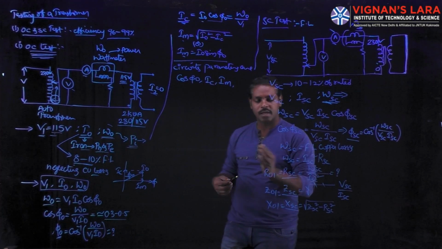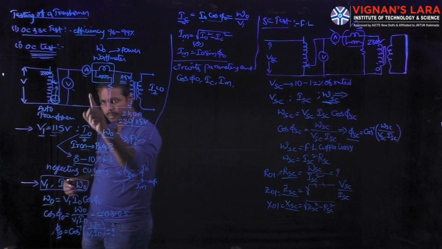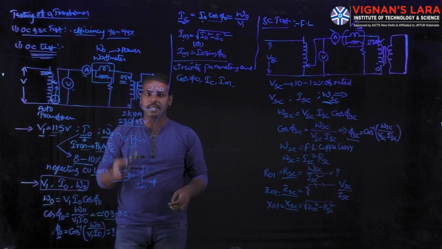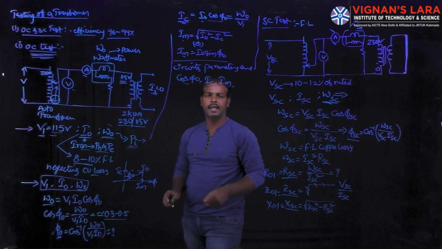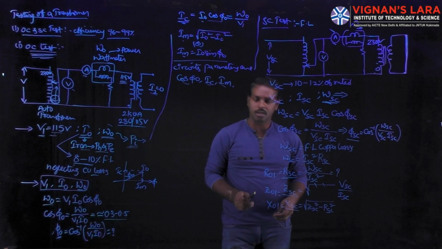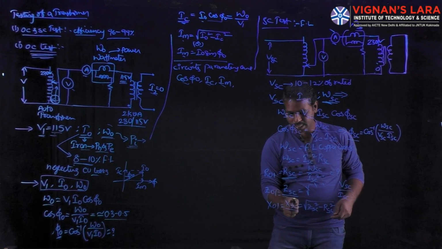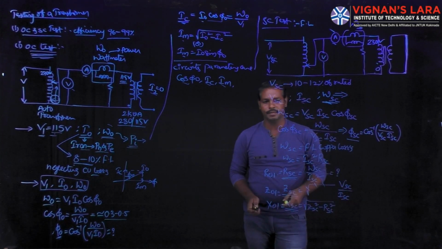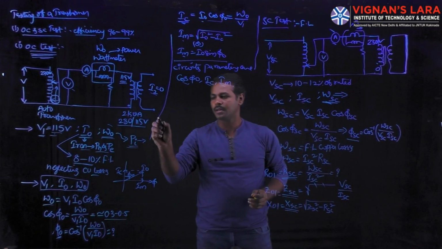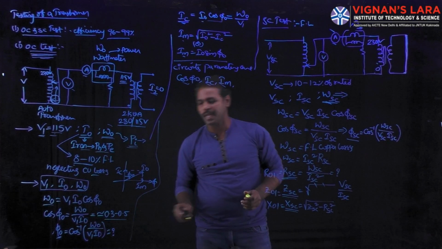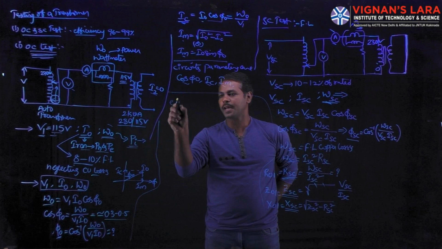Before going to the measurement of efficiency, first of all, by using the open circuit test we calculate some parameters: cos phi naught, the core loss component and the magnetizing component. By using the short circuit test, we calculate RSC, ZSC and XSC. So by using these expressions, what is the expression for the efficiency of a transformer?